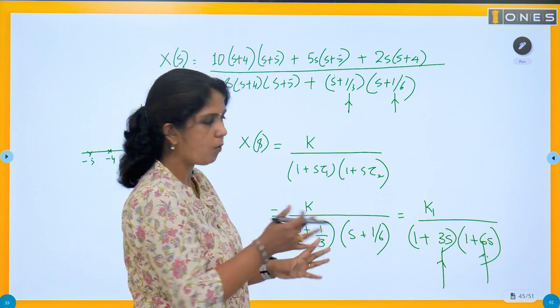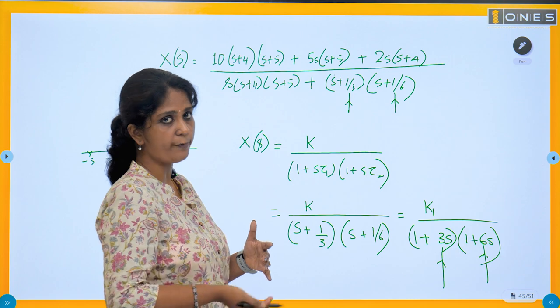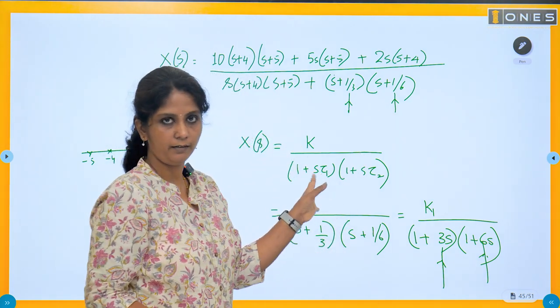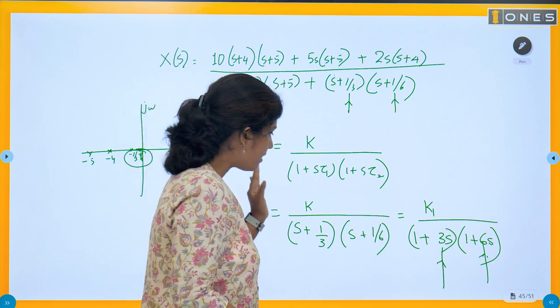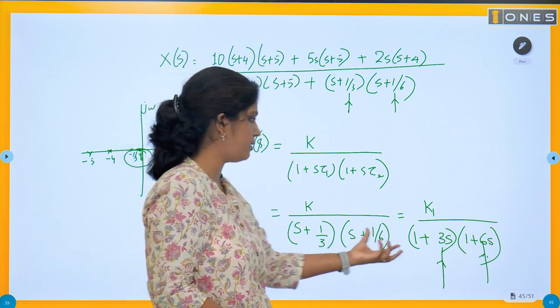So into the form 1 plus s tau 1, 1 plus s tau 2, we can remodify this equation, and equate the constants to k upstairs. I can summarize or reduce the excitation response of the system like this.